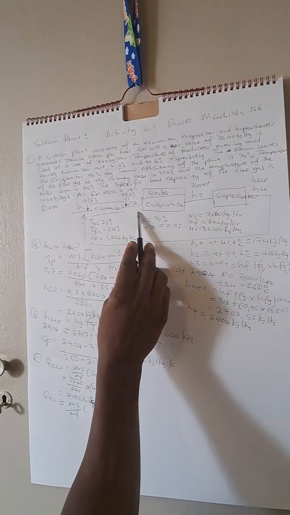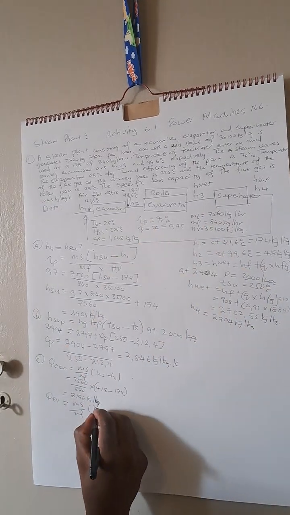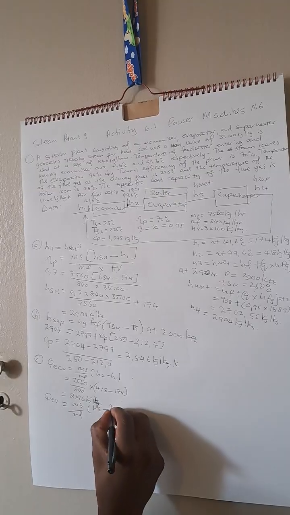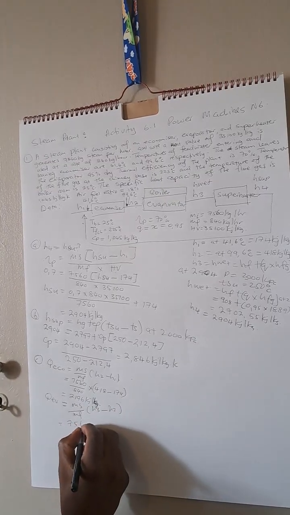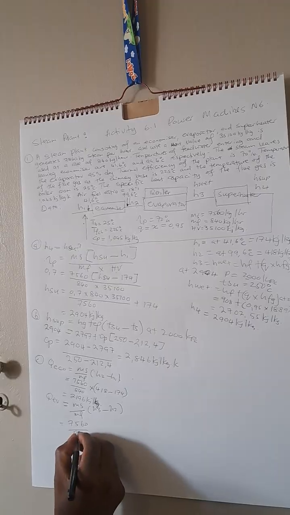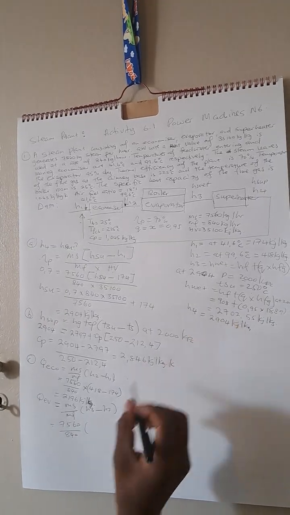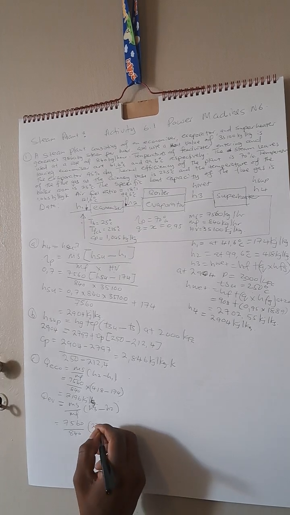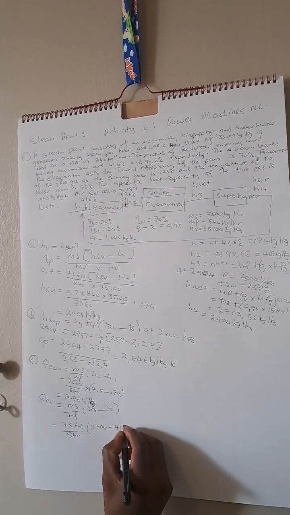We are here on our evaporator, so it's outlet minus inlet, which is H3 minus H2. Our mass ratio is 7560 over 840. H3, we said, is 2704 minus H2, 418.